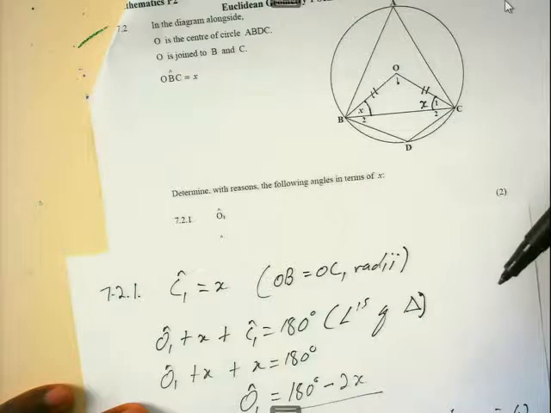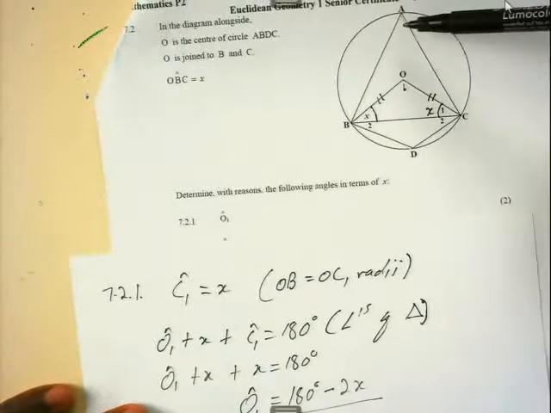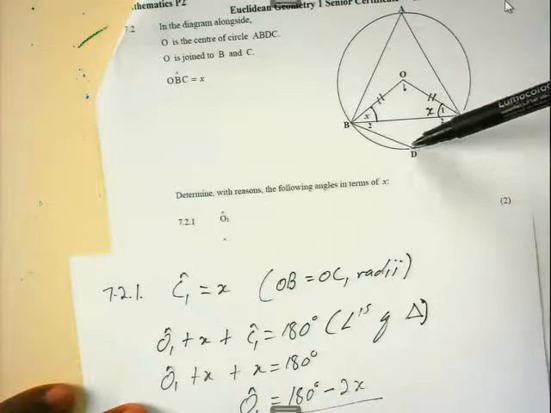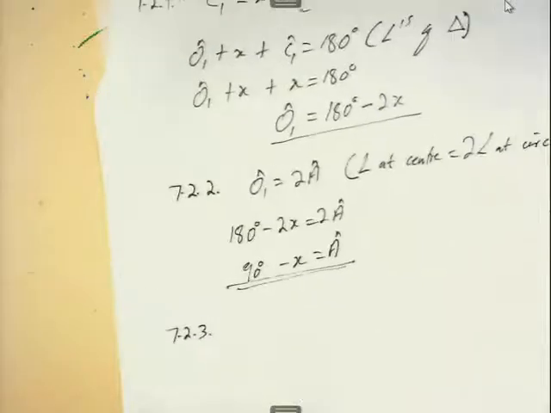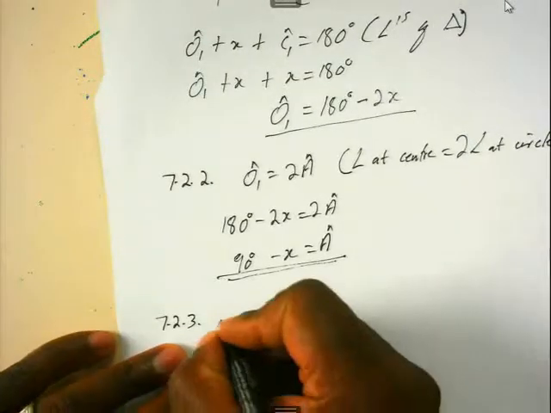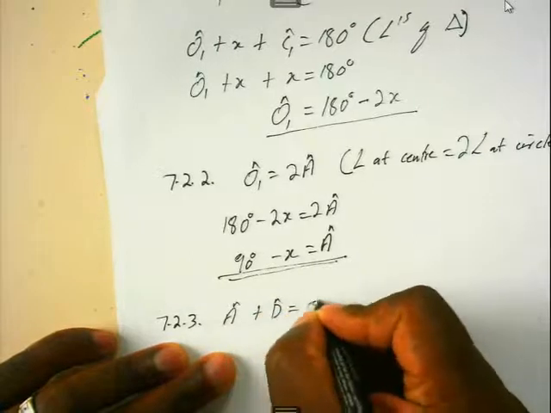There is a theorem relating to cyclic quads which states opposite angles of a cyclic quad are supplementary. That's why we say angle A plus angle D is equal to 180 degrees, the opposite angles of a cyclic quad.